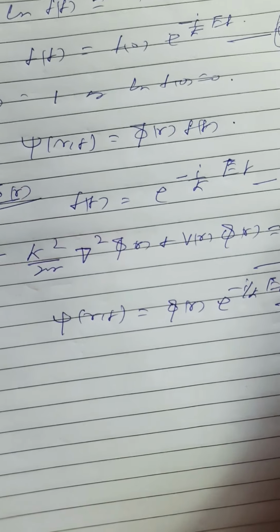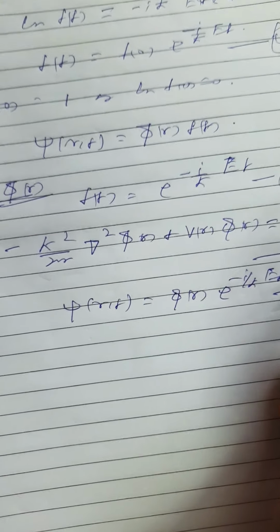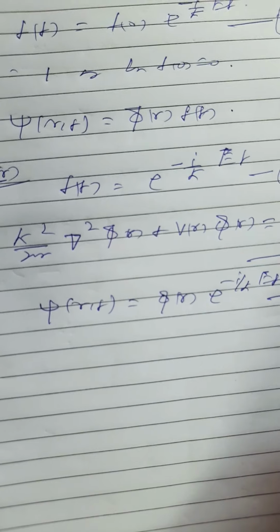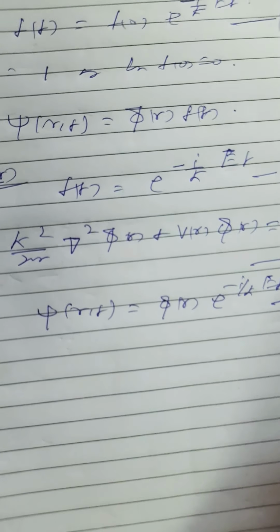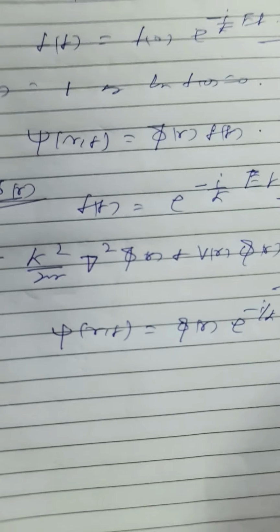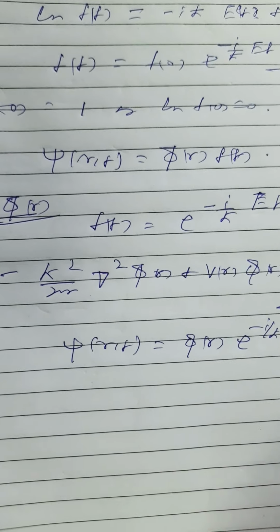Now with the condition that φ(r) is a solution of equation number 6, the discussion above would show that the separation constant E introduced earlier is nothing but the energy of the particle. So the E we have introduced actually represents the energy of the particle.